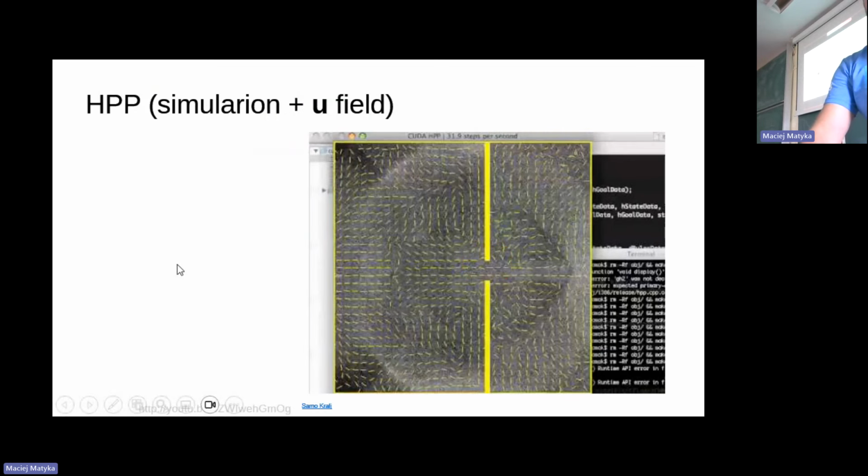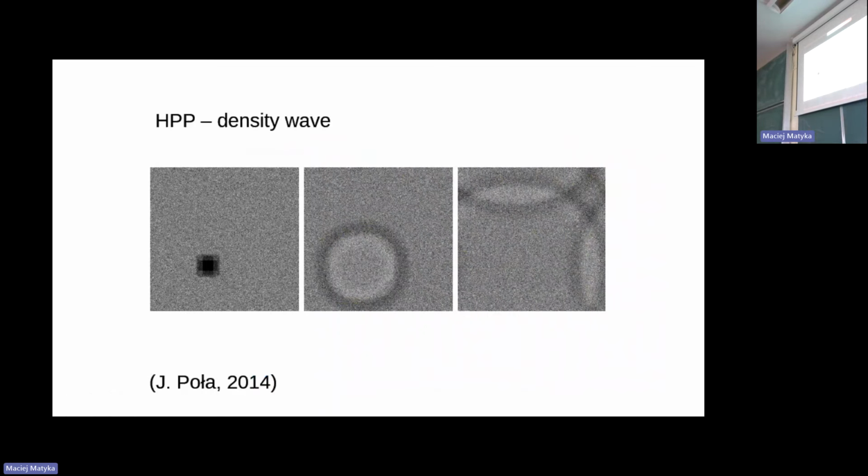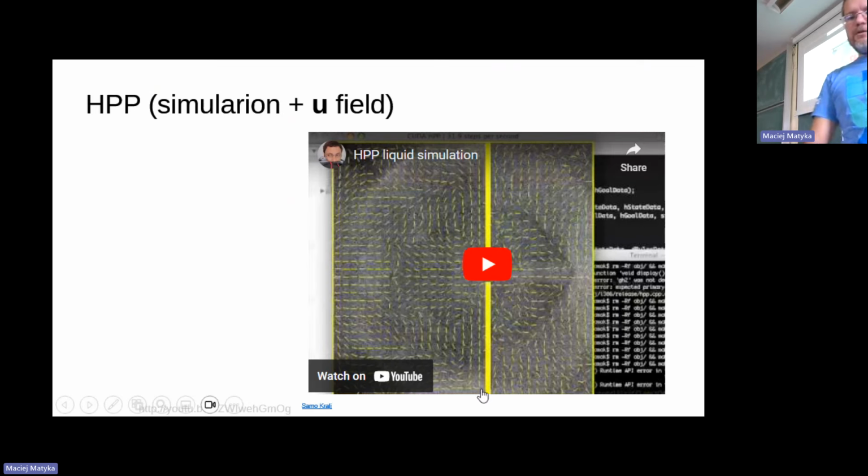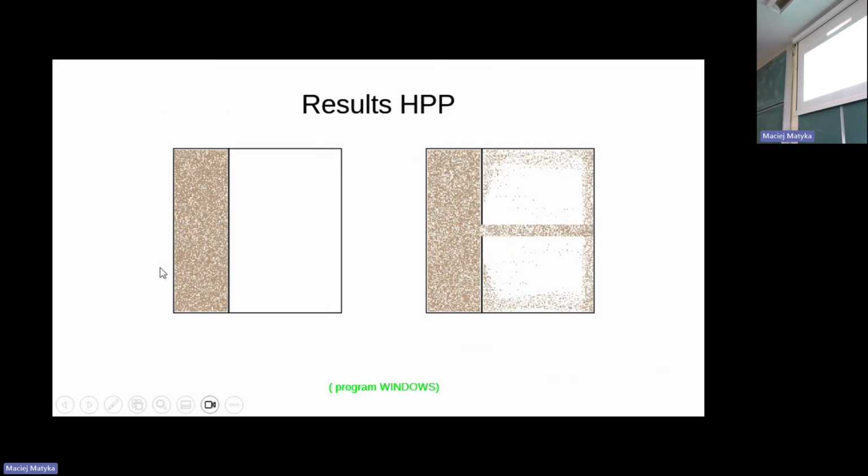I don't know if you've seen the problems here, but this is not really circular. I will not describe more of the problems now, but there is a problem of symmetry, and people found out that by changing from the rectangular to a hexagonal grid, you get much better results.